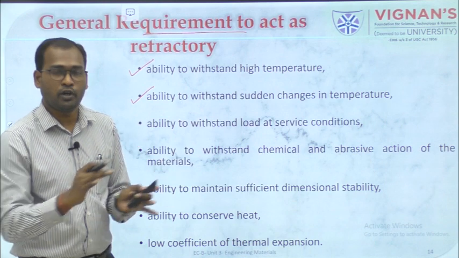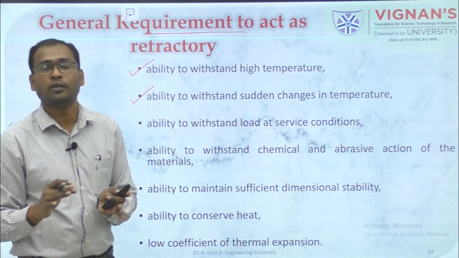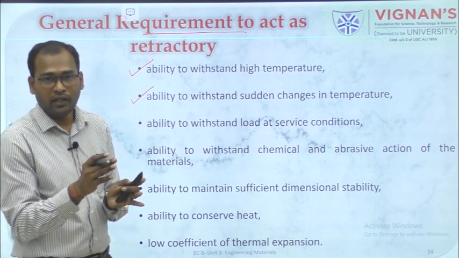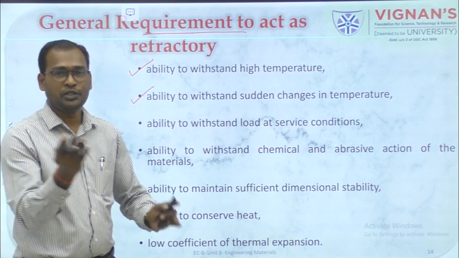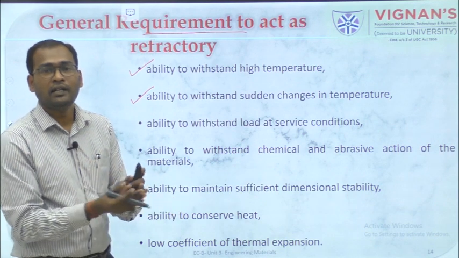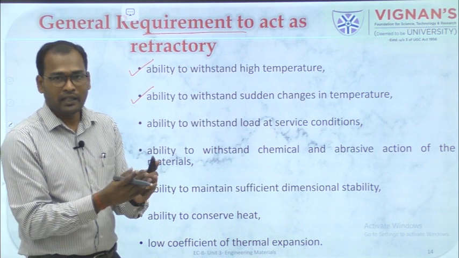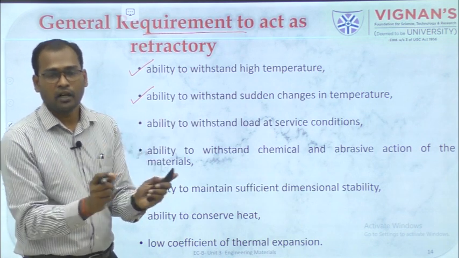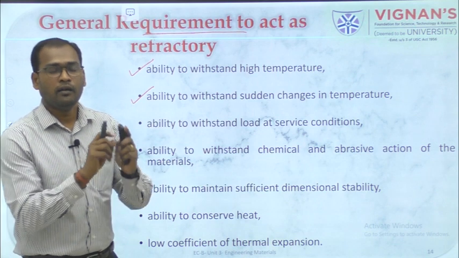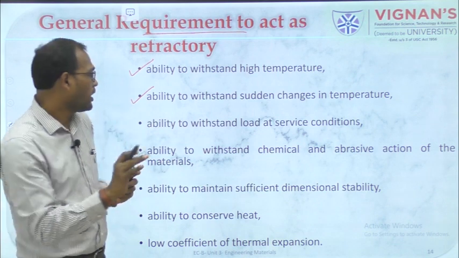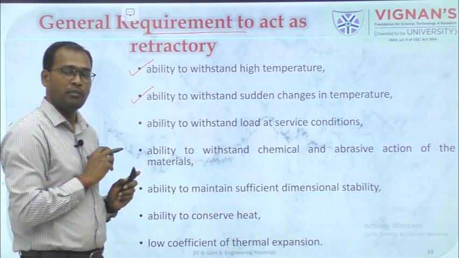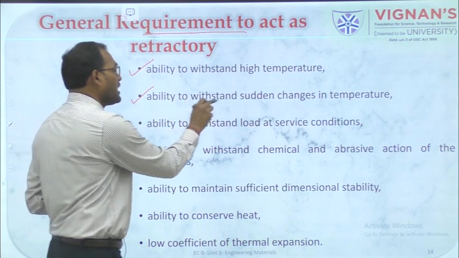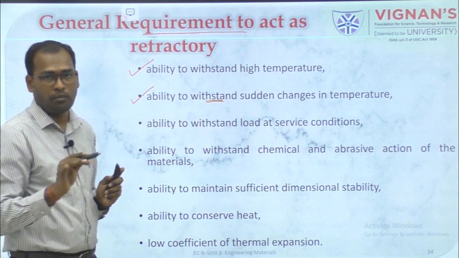During the metallurgical process, there are chances where the temperature fluctuates very sharply. That we call temperature shock. When there is a sudden change in temperature, there is a chance of the furnace getting broken. To avoid this, we have to choose a material which can withstand sudden changes in temperature.